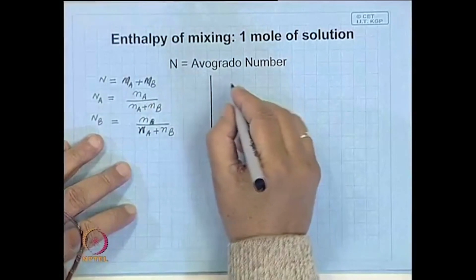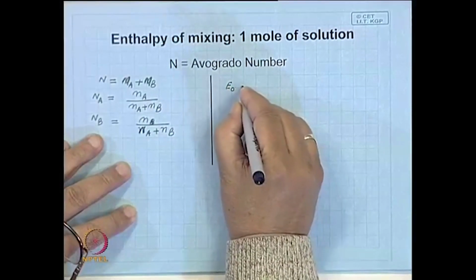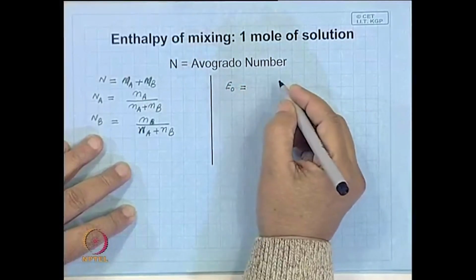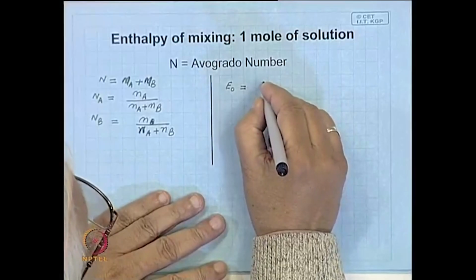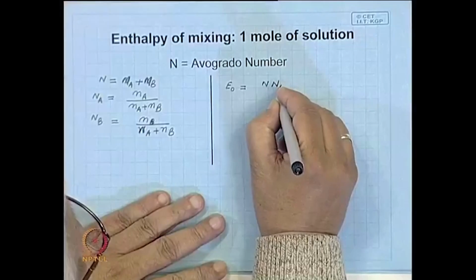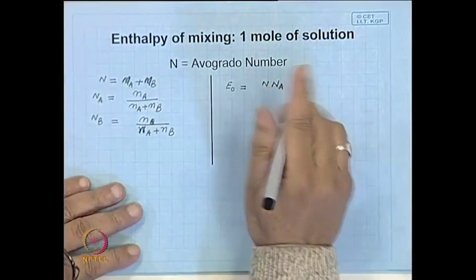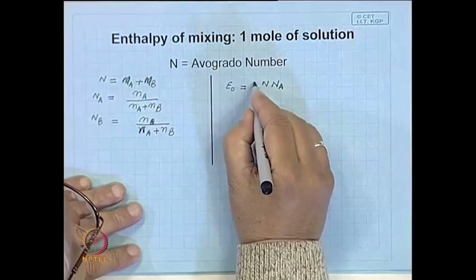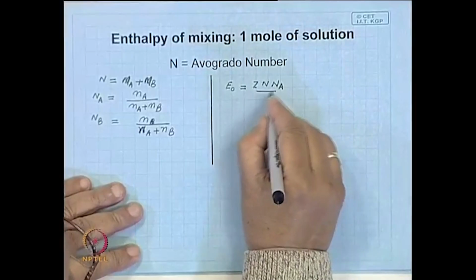And then when they are not mixed, before mixing there will be a total bond energy, which you can find out. If there is an Avogadro number of atoms, out of this you multiply the number of A atoms by the coordination number, divided by 2.